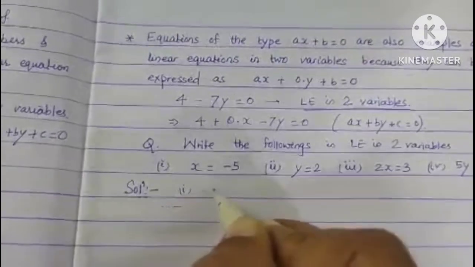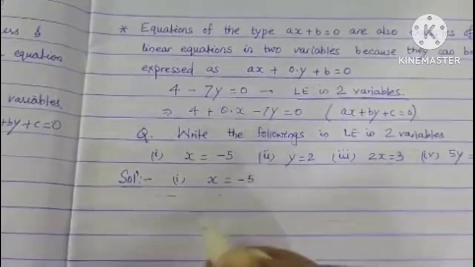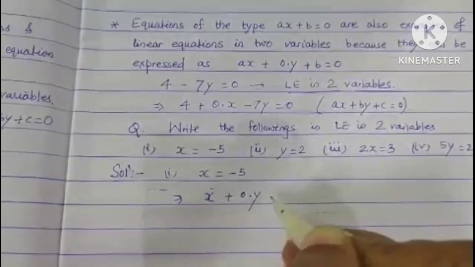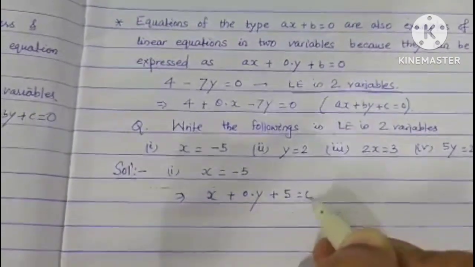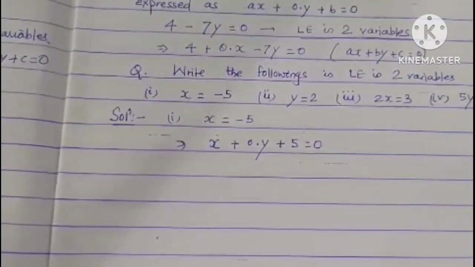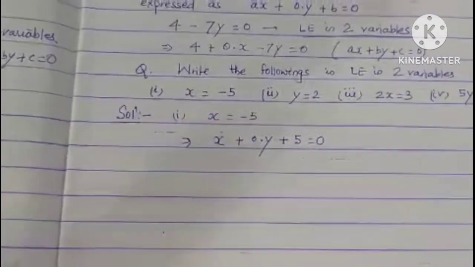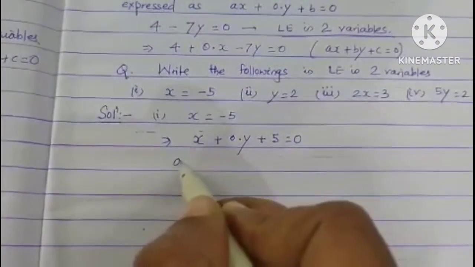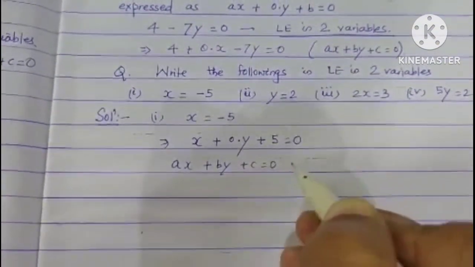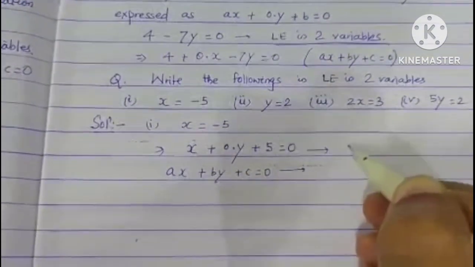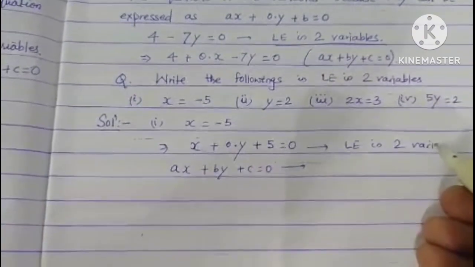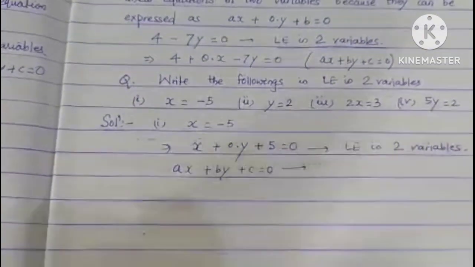Let us write the solution. First one is x equal to minus 5. So we will write it like x plus 0 into y plus 5 is equal to 0. This will be of the form ax plus by plus c is equal to 0, so it is in the form of a linear equation in two variables.